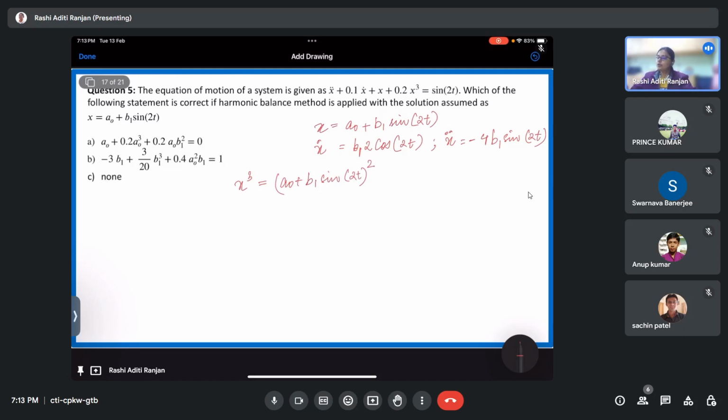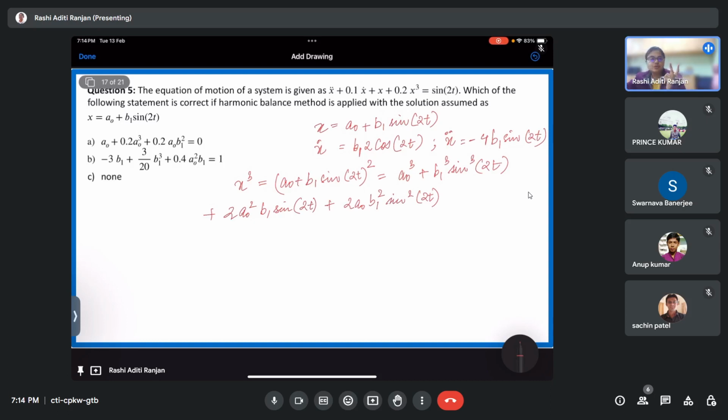So what is it going to give me? It is going to give me a naught cube plus b1 cube sine cube of 2t plus 3 a naught square b1 sine of 2t plus 3 a naught b1 square sine square of 2t, isn't it?